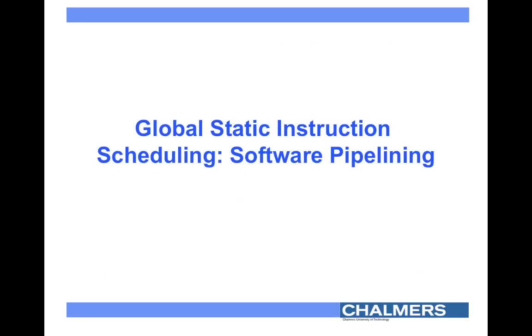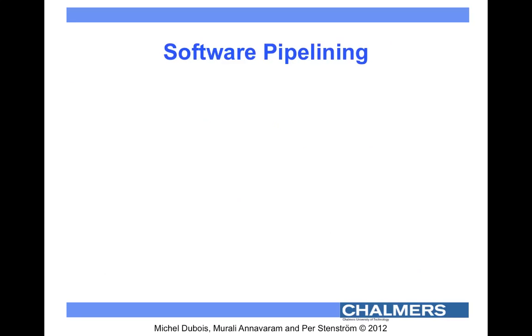We're now going to consider another global static scheduling technique, and that is known as software pipelining. The similarity with loop unrolling is in its objective, to increase the distance between dependent instructions, but the approach taken is different.